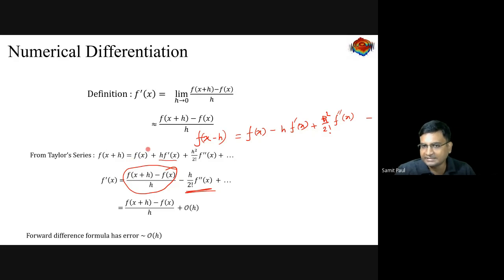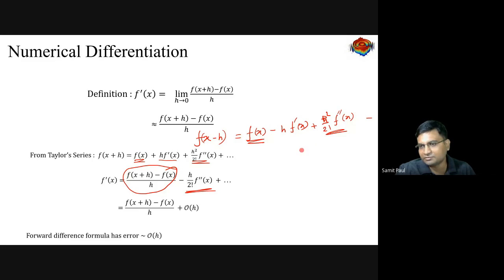You will see the even terms, that is the h to the power 0 term and the h to the power 2 terms, will be cancelled, right? If you take the difference between f of x plus h and f of x minus h, then this term and this term will be cancelled.